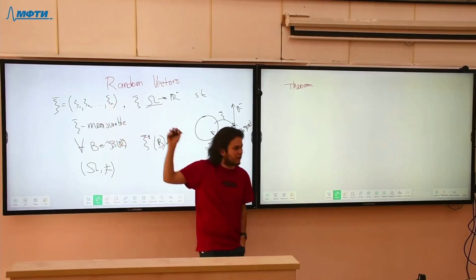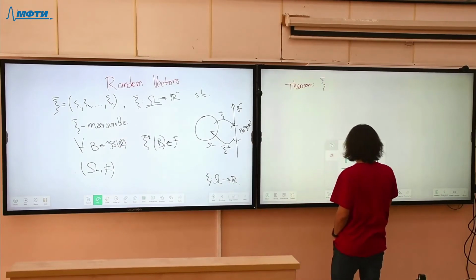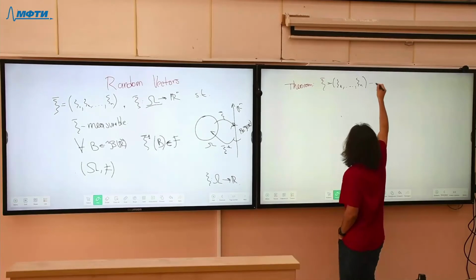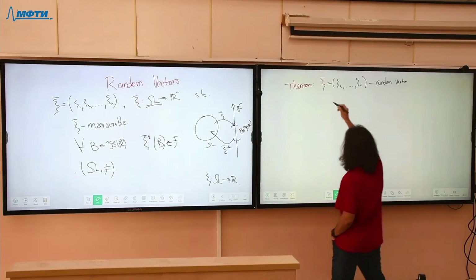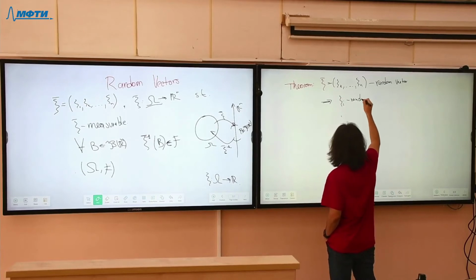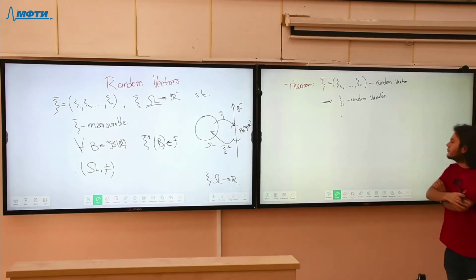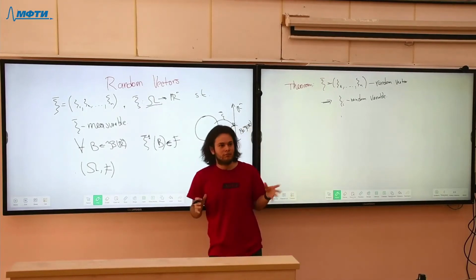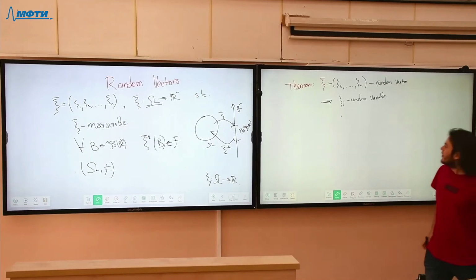So if psi is like this, and this is a random vector, then psi i, for every i, is a random variable. So a random vector is just a collection of random variables, right? Great.